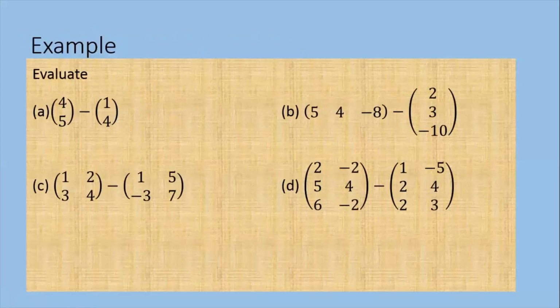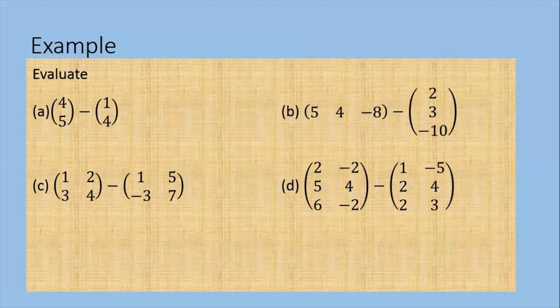Right. How do we do it? Well, let's take an example. Here you are asked to evaluate the given subtraction of matrices. Part A, you've got 4, 5 minus 1, 4. Part B, 5, 4 minus 8 minus 2, 3 minus 10.